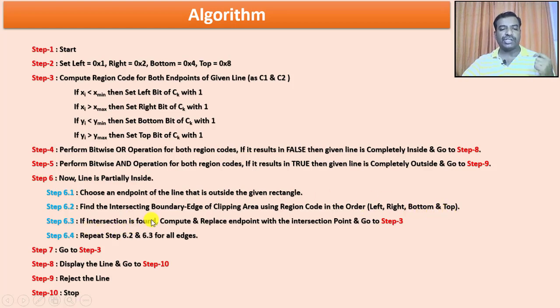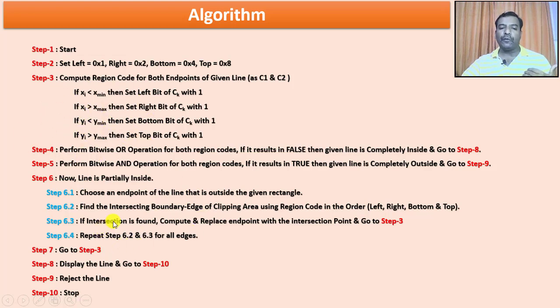If an intersection is found with any edge at that boundary, we compute and replace the endpoint with the intersection point, and go back to step 3 immediately. We recompute the region code for the clipped line at the intersection point, and we recompute this complete line.